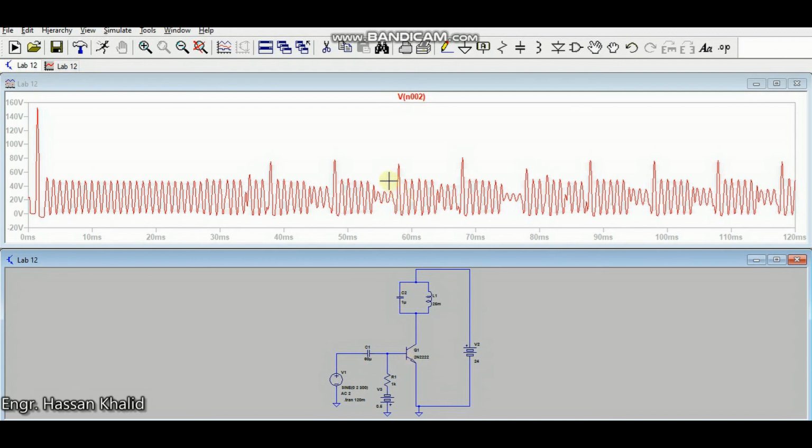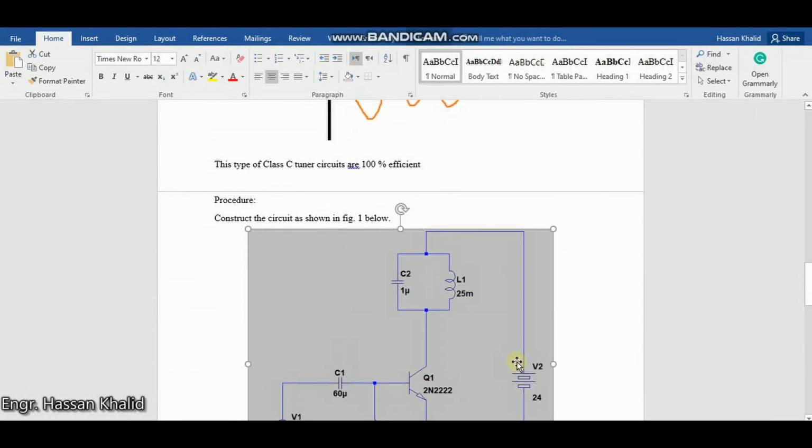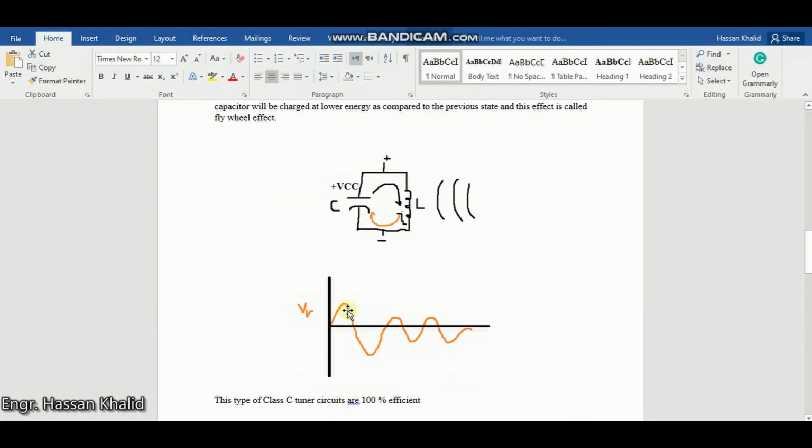Now let's see how it behaves. Okay, now you can observe that there are clear signs of resonant voltage, that means in the beginning the spike is very high and after that it lowers again and again, and these are the clear signs of the damped oscillations that you have seen from this picture, V of R.